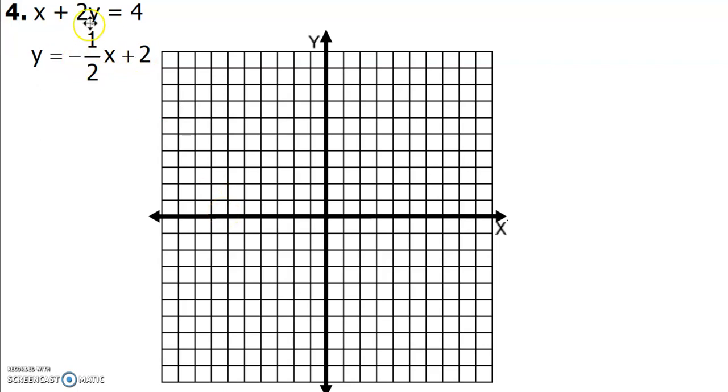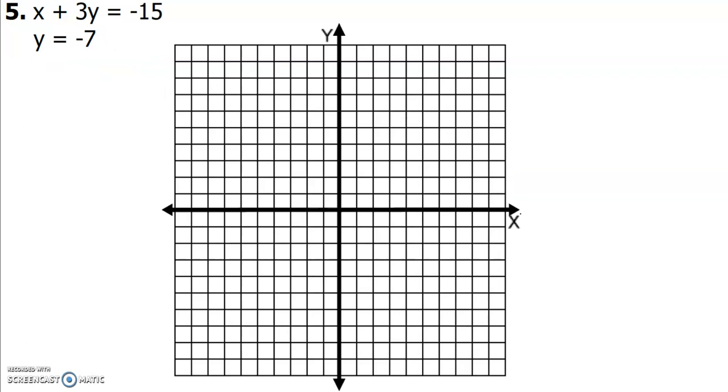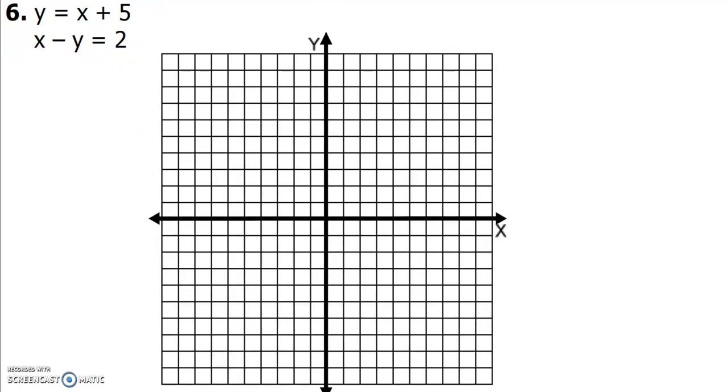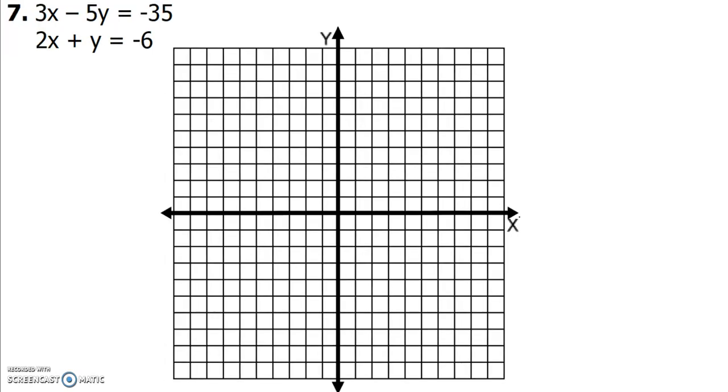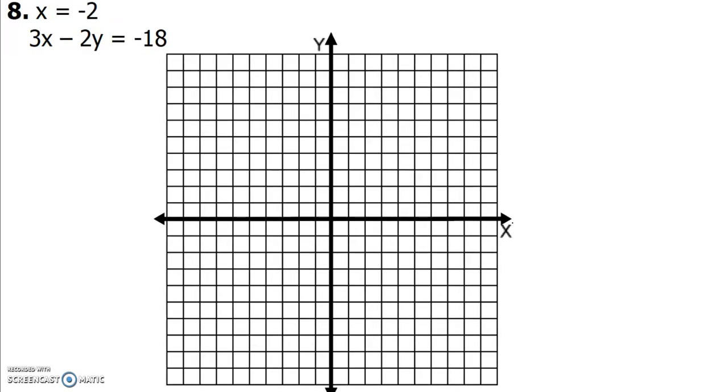So you only have to convert one of those equations here. On number 5, make sure you remember about Hoy and Vux and convert that equation. Number 6, number 7, and number 8.